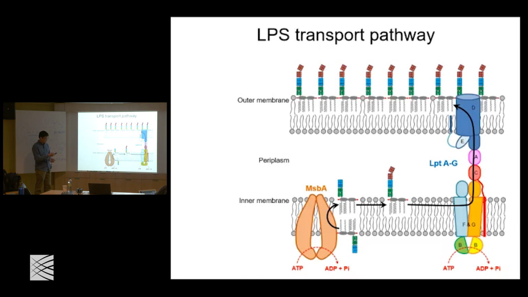So now the evidence suggests a model in which all these proteins form a physically interacting bridge to transport LPS from the inner membrane all the way to the outer surface.